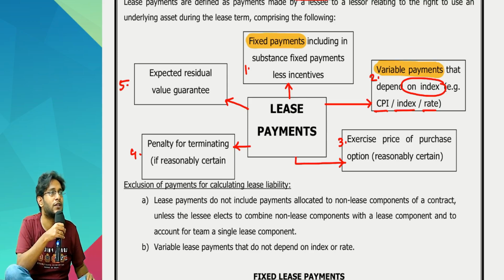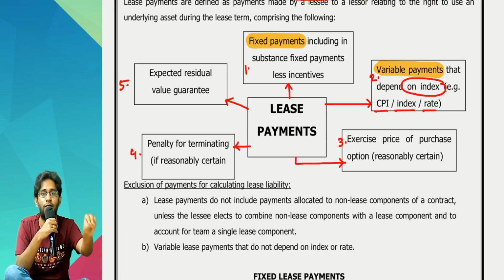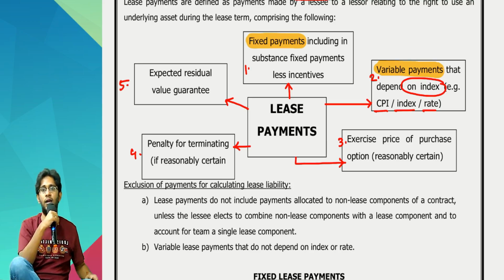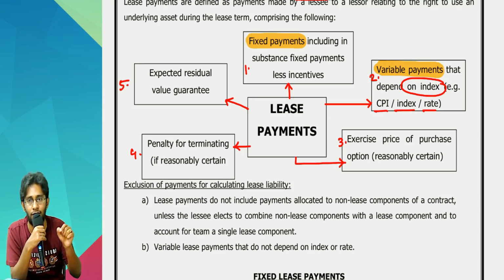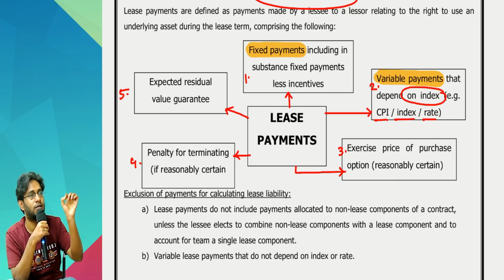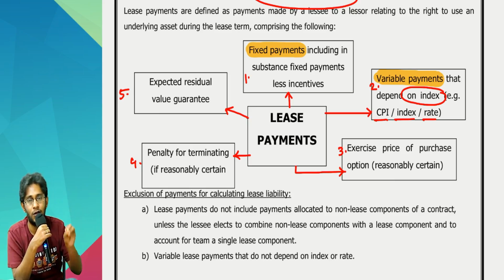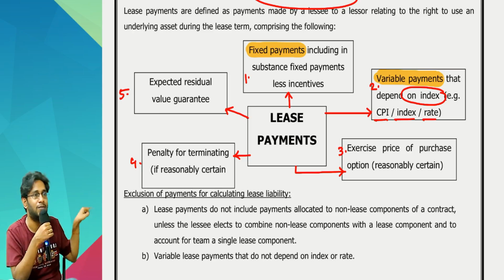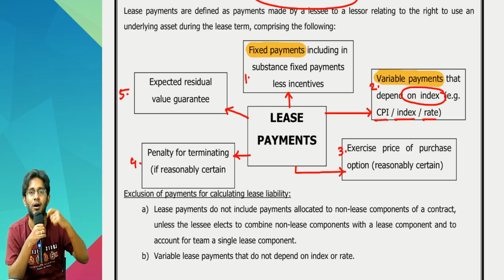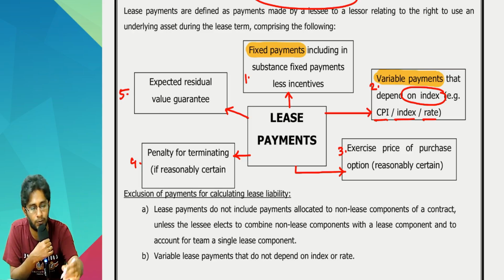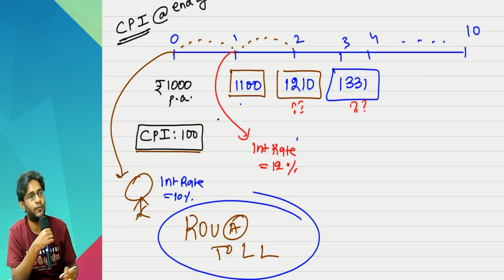The treatment of such payment is, whenever you pay, throw it off into the P&L account as an expense. Every variable payment will not come into the ROU asset debit, lease liability credit entry. In that entry you should consider only these payments we are talking about. Extra payments are not part of this journal entry.